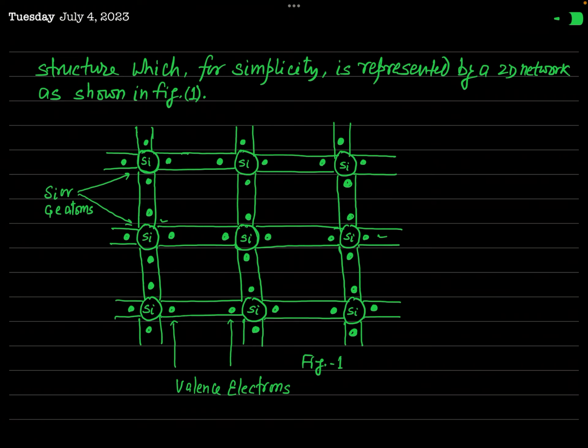You can see, if you consider this central atom of silicon or germanium, these 4 small spheres which I have shown in this figure are the 4 valence electrons of this silicon. This silicon atom, or you can say this ion core, will form covalent bonds with 4 neighboring atoms.